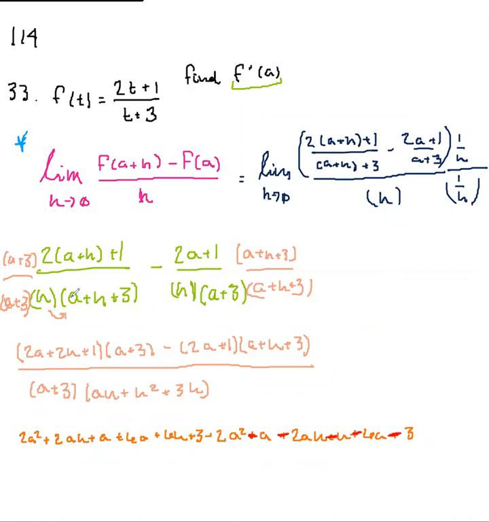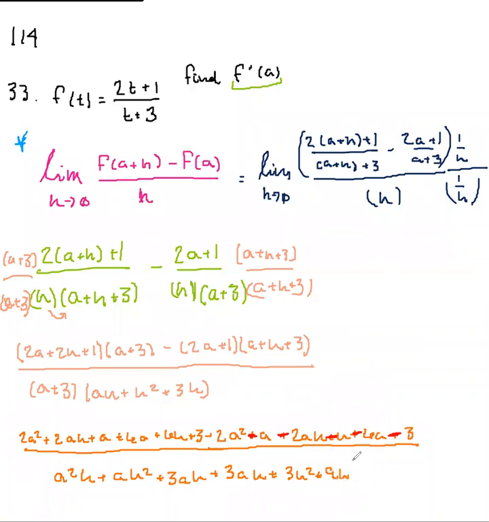And all of that is going to be over the quantity a squared h plus ah squared plus 3ah plus 3ah plus 3h squared plus 9h.